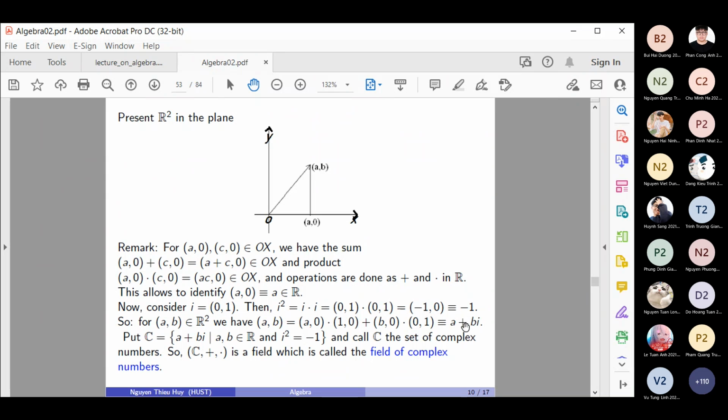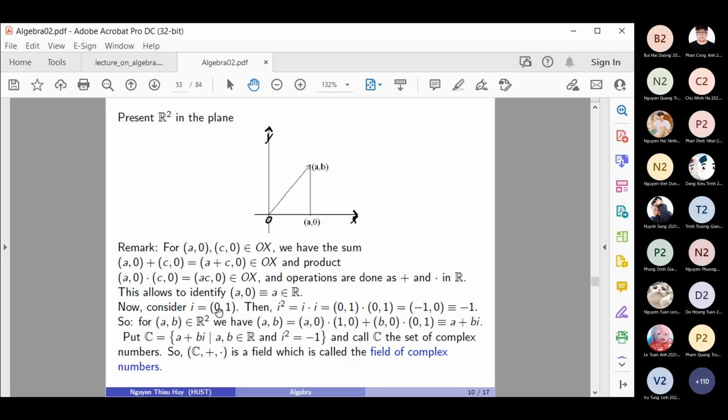Actually, you can identify this set with R squared, but I like to write this set with a new name, and the name is C. We denote by C the set of all numbers of the form a plus bi, where a and b are real numbers and i is a number such that i squared equals -1.